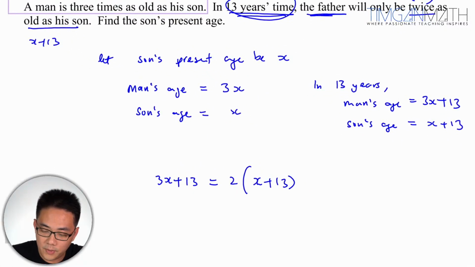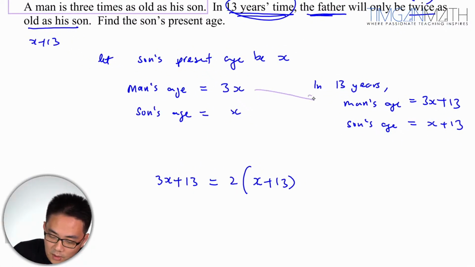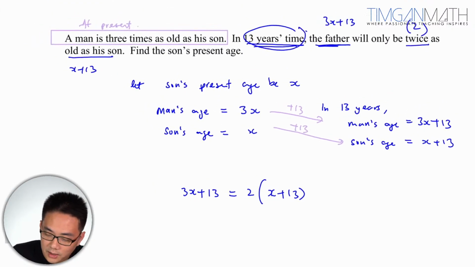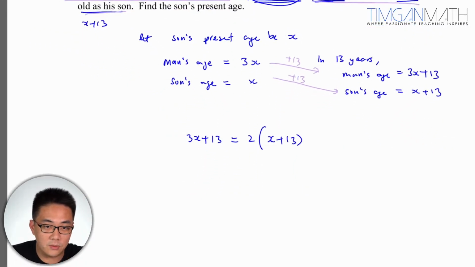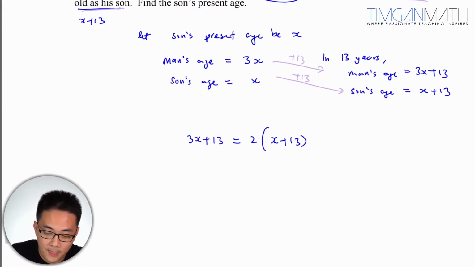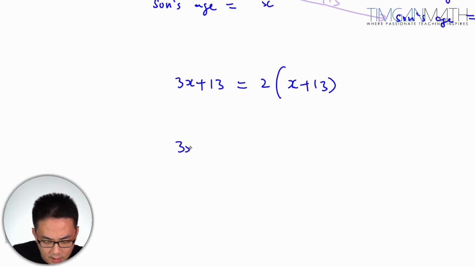I repeat: in 13 years' time, we just add 13 to the ages, and this statement tells us that the father will be twice as old as his son.